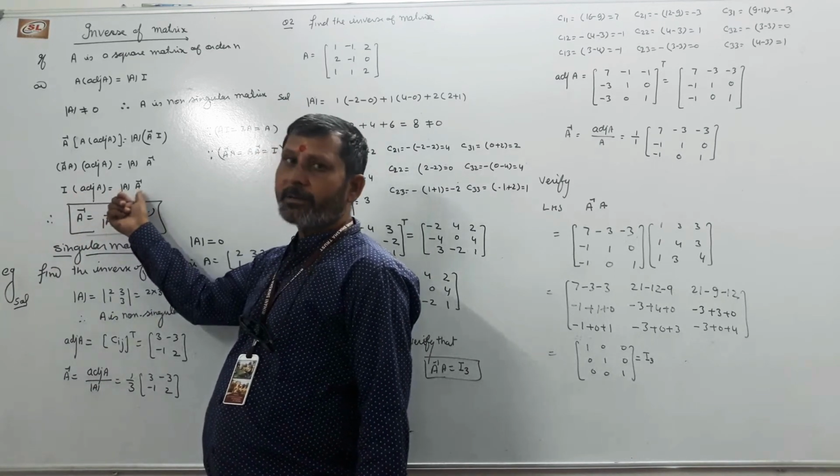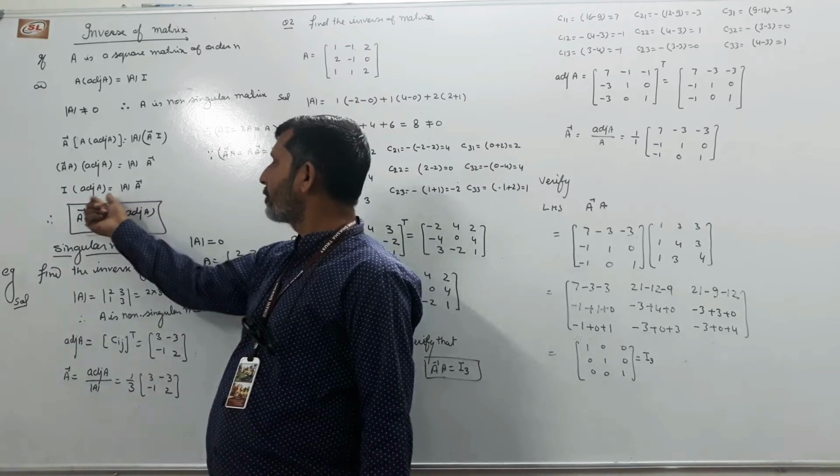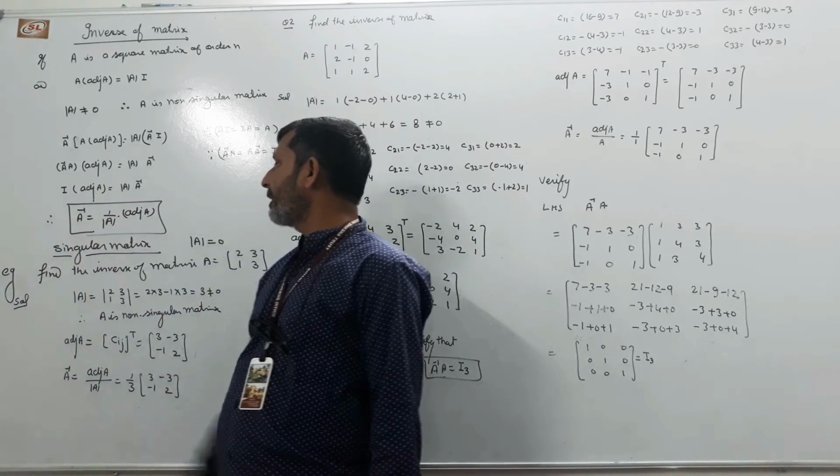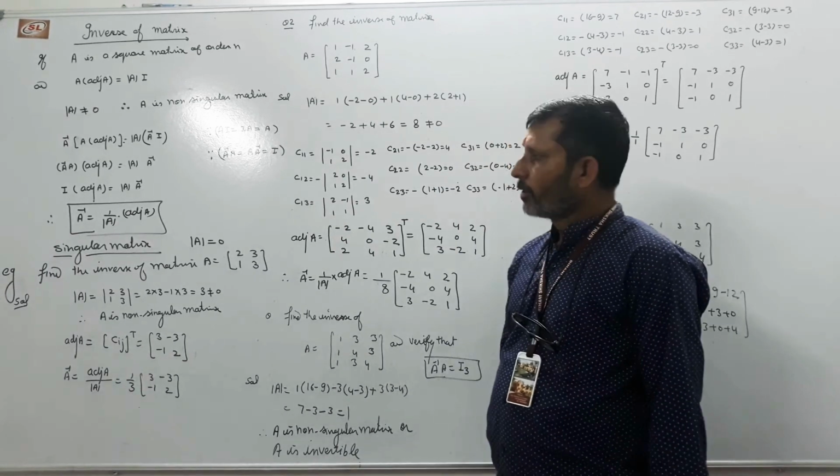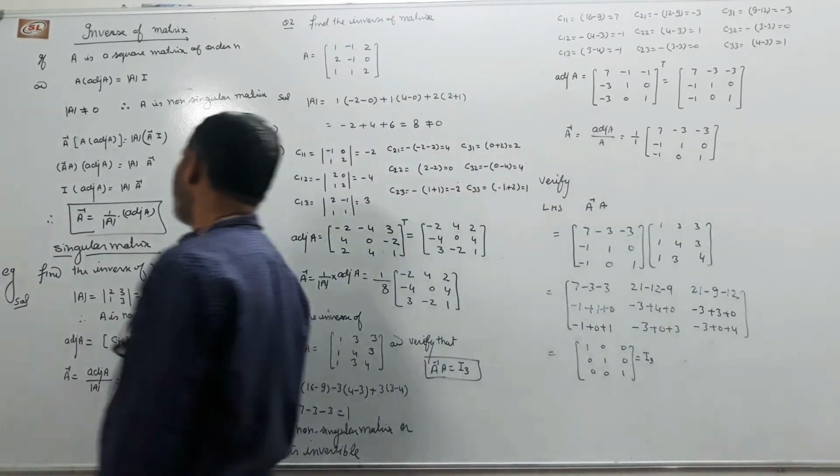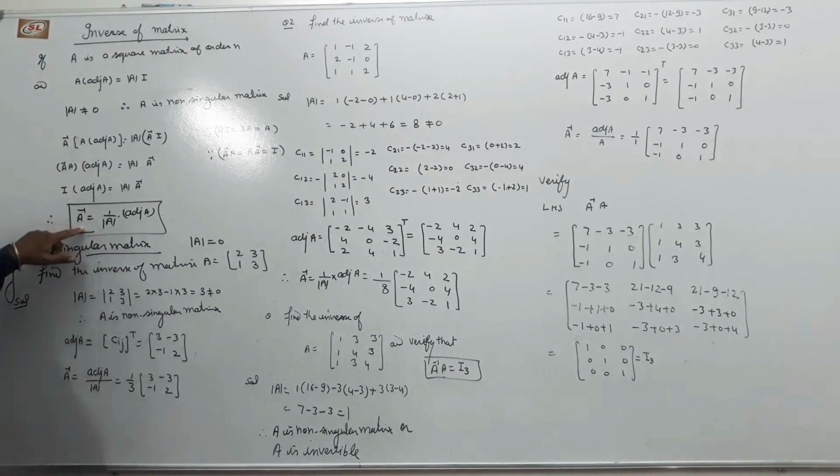Then how can we find the inverse? A inverse is always equal to adjoint of A divided by its determinant. It is necessary that the determinant of A is not equal to 0.